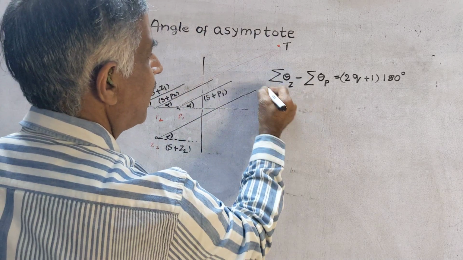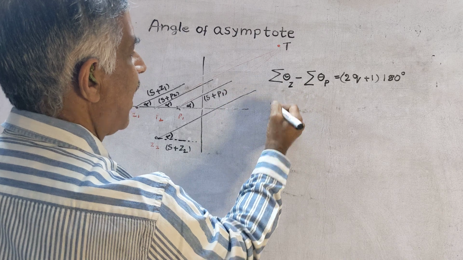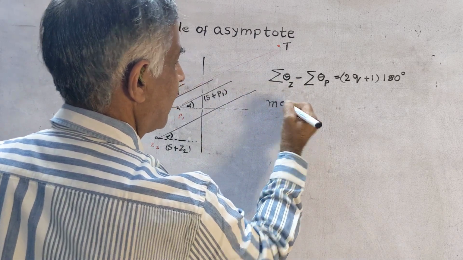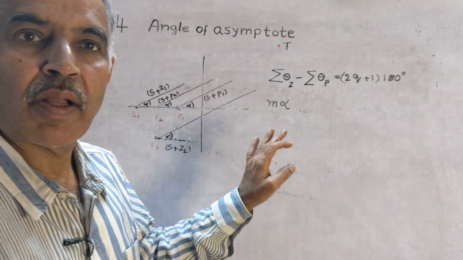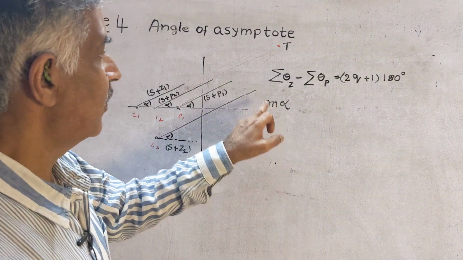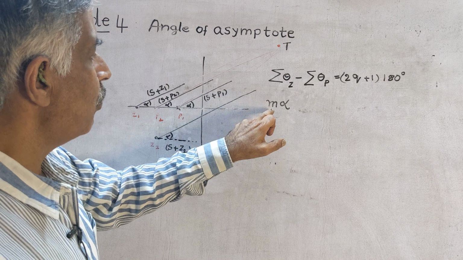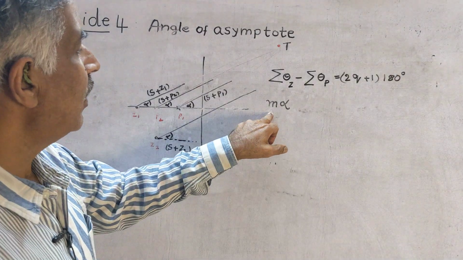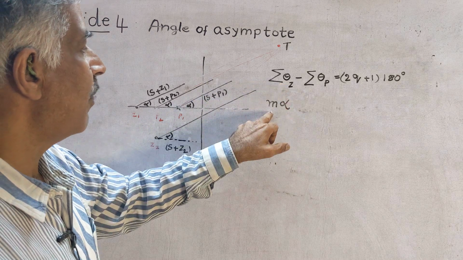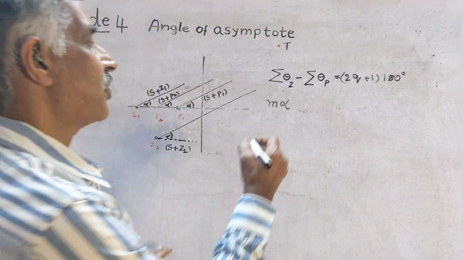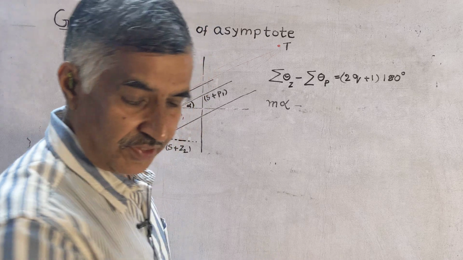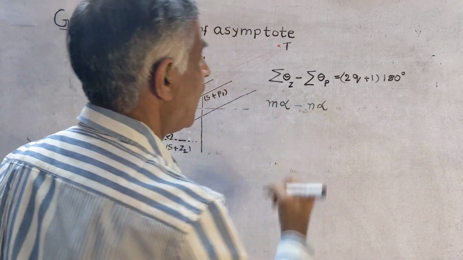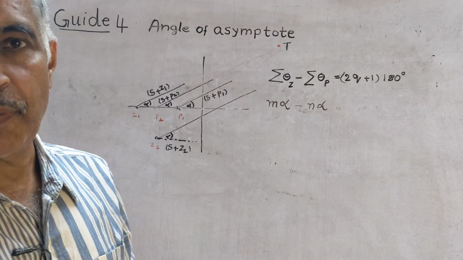Now I can take the summation theta z as m times alpha. So m is the number of zeros of G(s)H(s). So the number of zeros is m. Therefore, the total angle contributed by zeros is m times alpha. Next, minus n times alpha, because I have to take it for poles.